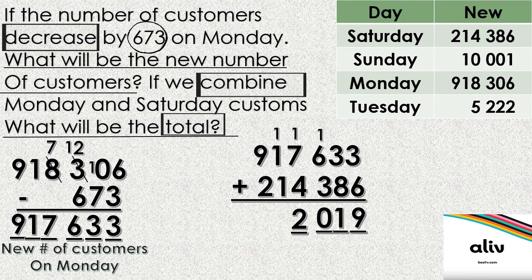We have 1 ten thousand plus 1 ten thousand plus 1 ten thousand is 3 ten thousands. 900,000 plus 200,000 is 1,100,000. So the total number of customers on Monday and Saturday is 1,132,019.